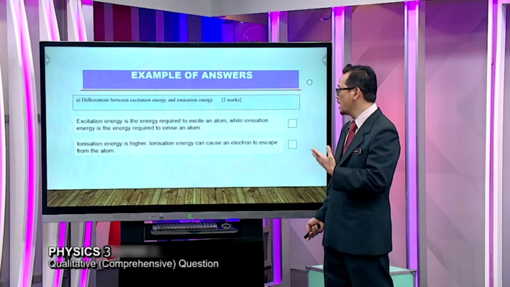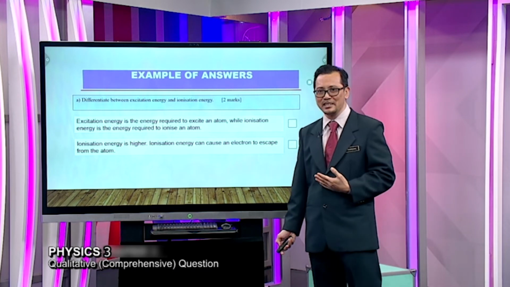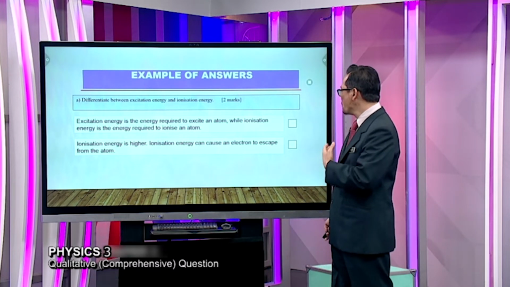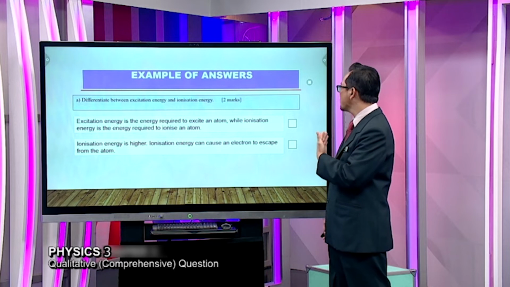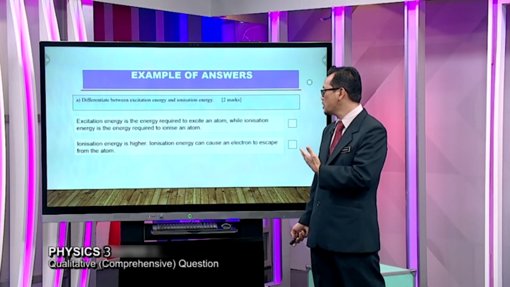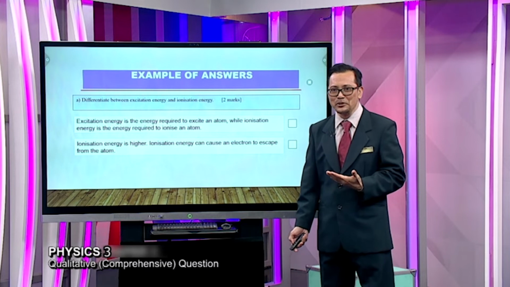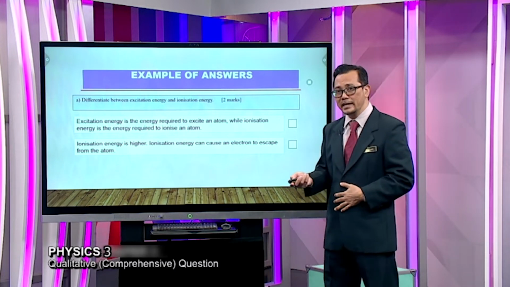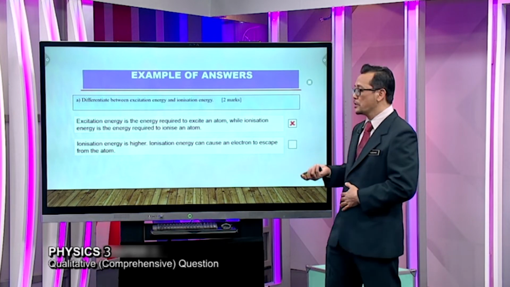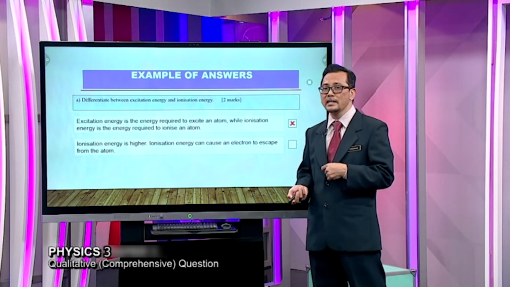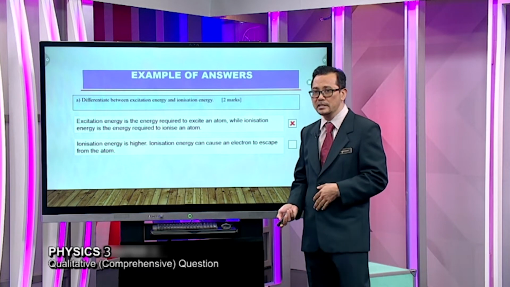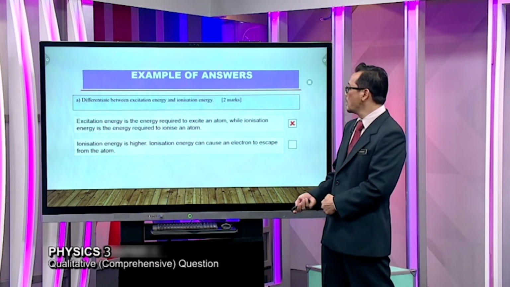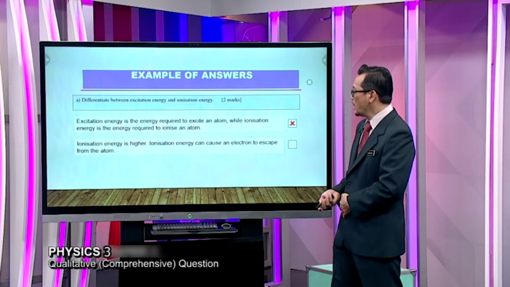Excitation energy is the energy required to excite the atom, so he just repeats the words, while ionization energy is the energy required to ionize the atom. Again, he repeats the words used. So please, candidates, this kind of answer is not accepted since it does not reflect your understanding of this topic.